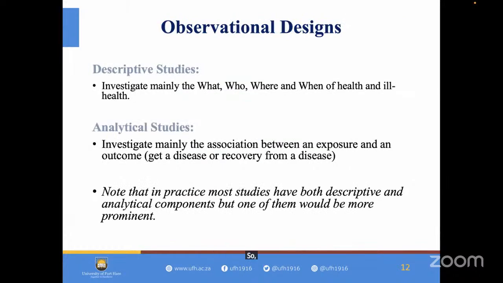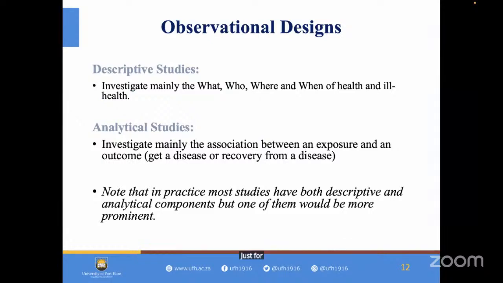So in observational design, I did say it's further broken into 2, either descriptive or analytical. The descriptive investigates mainly the what, the who, where, and when of the health or ill health event that has occurred. While the analytical deals with the association between an exposure and an outcome.